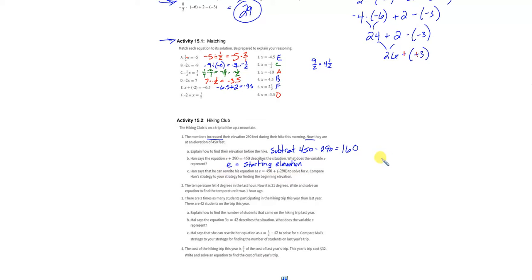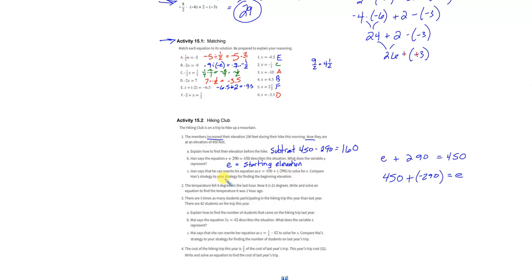If we have an equation, and I know this one's super easy, but we can always rewrite this as the opposite of adding 290 would be taking 450 and adding 290's opposite, which is negative 290.